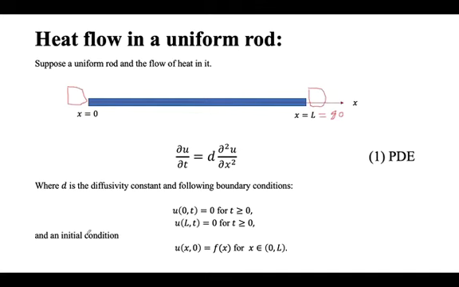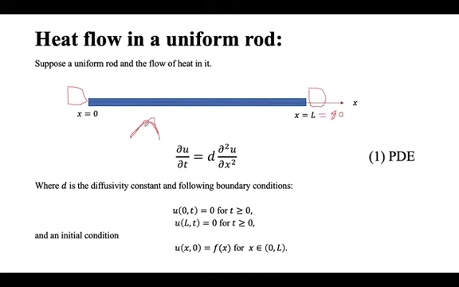There is also an initial condition that gives the behavior of the heat inside the rod. Suppose the rod is heated and the behavior of heat can be seen as a curve like this. So this is the initial condition.